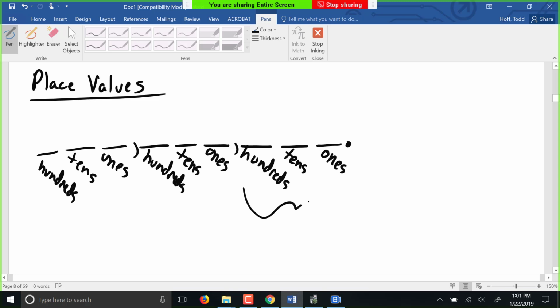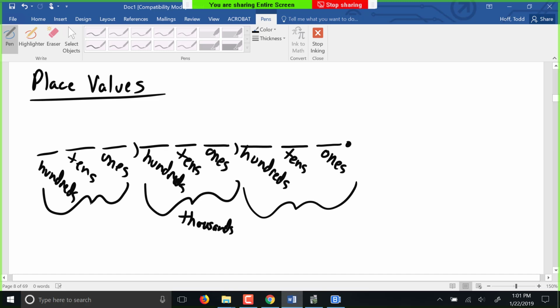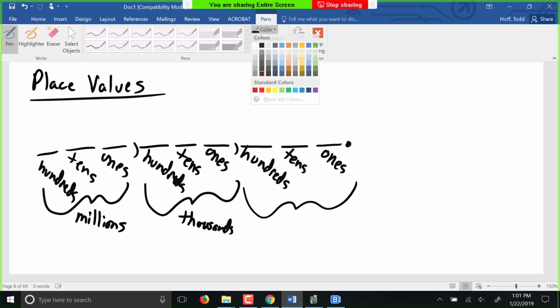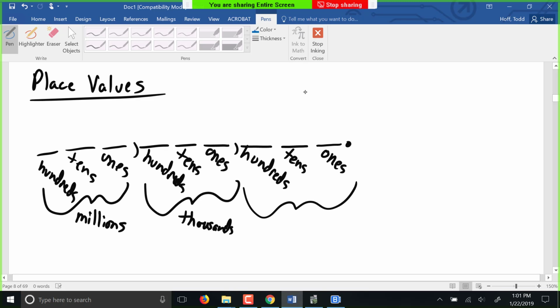Well, this first set here is our base group. The second set, we know, is our thousands group and our millions group. We go into the billions and trillions and so on.